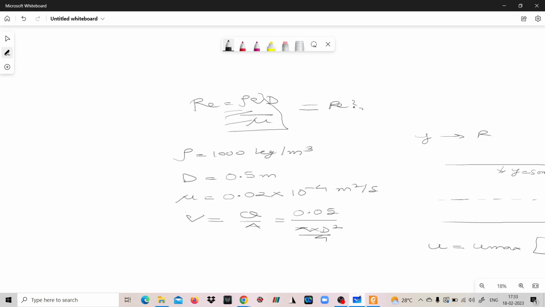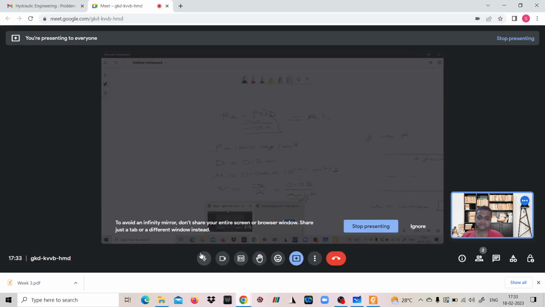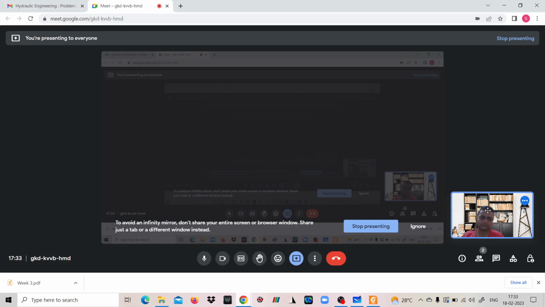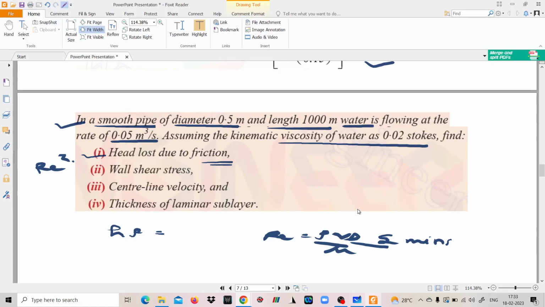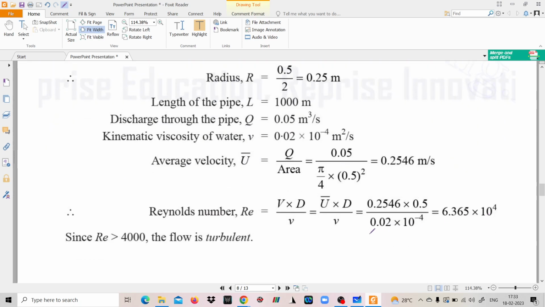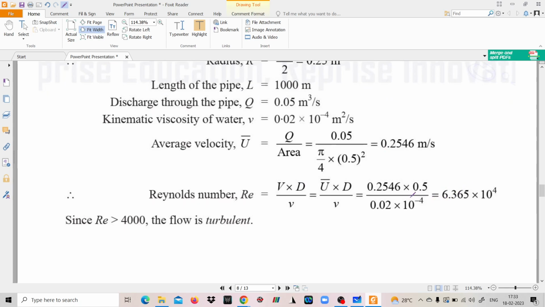So the Reynolds number is, with the same calculations, 6.365 into 10 to the power 4.